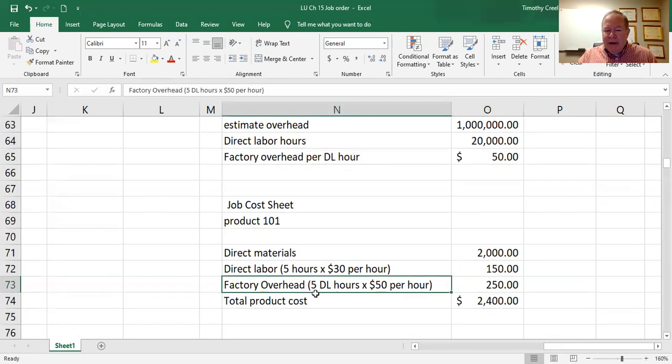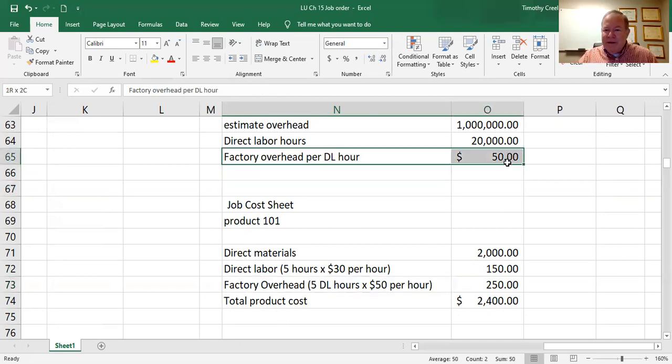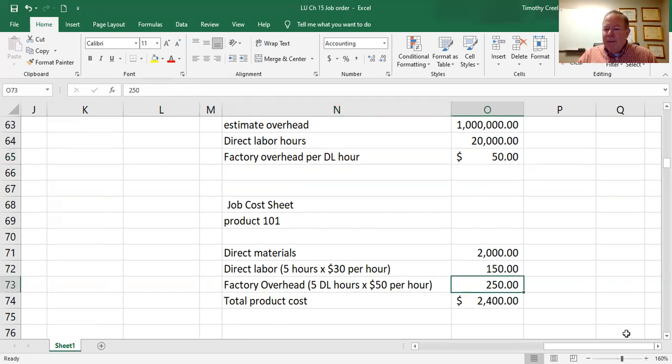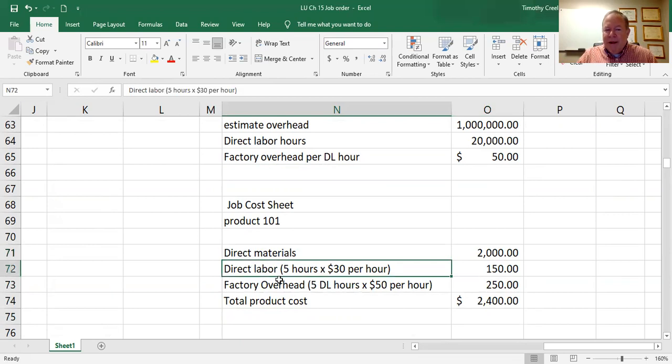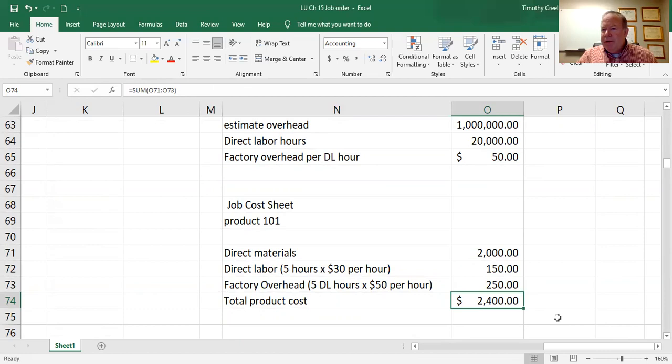And our factory overhead is 5 direct labor hours, based on us using direct labor hours in this example, times the rate of $50 an hour. We would charge that product $250 of overhead. And our total product cost, again, would be our direct materials, direct labor, and overhead. So our total product cost in this case would be $2,400.